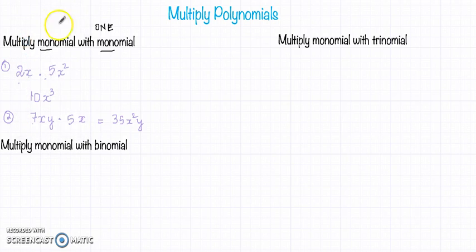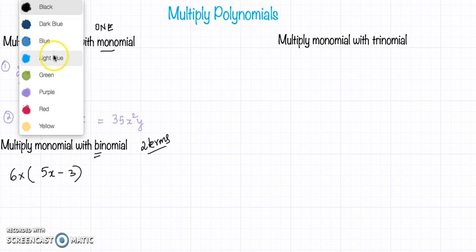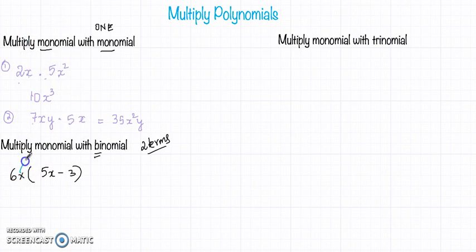Another example for the second case, multiply a monomial with a binomial. A binomial just means two terms. For example, if I'm multiplying 6x with 5x minus 3, this is a question. What you have to do here is distribute and multiply.